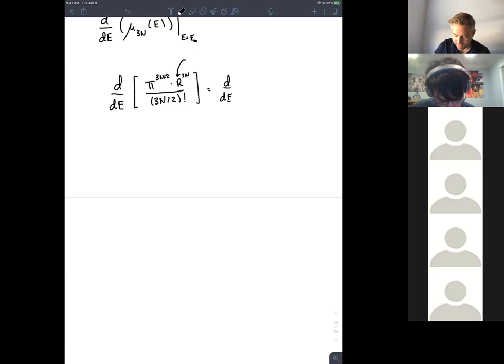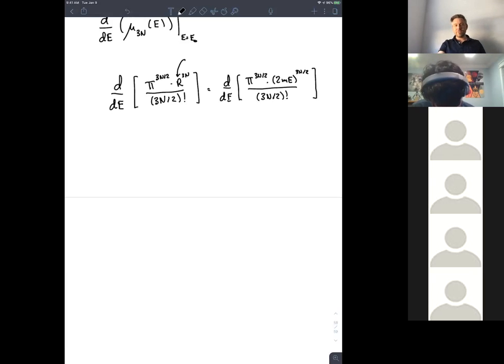All right. So now we just write this as 3n over 2 times our radius, you'll recall, is the square root of 2mE, right? So it's 2mE to the 3n, and then again, remember we've got to take the square root, so 3n over 2, over 3n over 2 factorial. So that's what we've got to do.